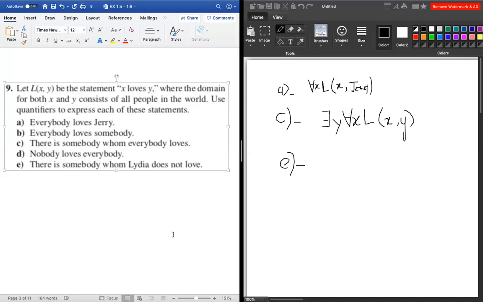So it would not make sense to say there exists X who loves Y. How I interpret it is: there is X, there is Y, whom X loves, and then I replace those X and Y with the domain, which is people in the world. But the final answer will be without those variables.